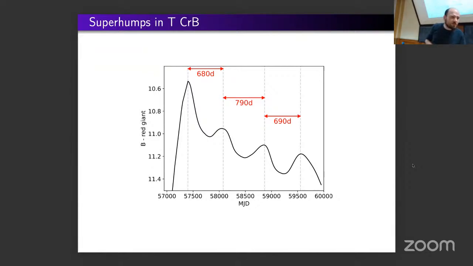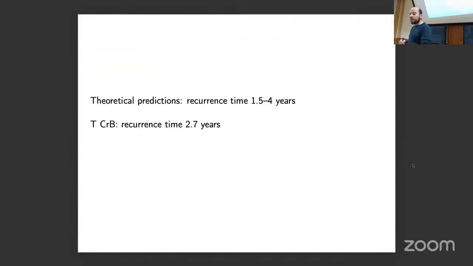The orbital period is 200 days. And this would be, in my interpretation, the precession period of the accretion disk. And there were theoretical predictions of dwarf nova outbursts in symbiotic stars, even though none were observed. And it turns out they are consistent with what I measured.